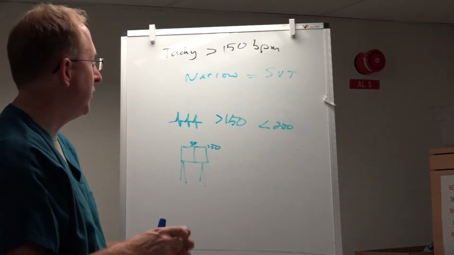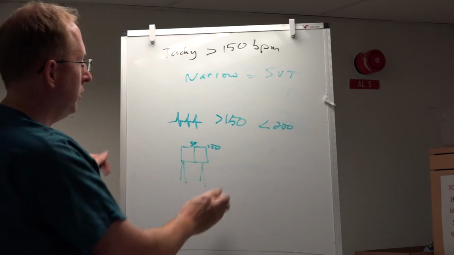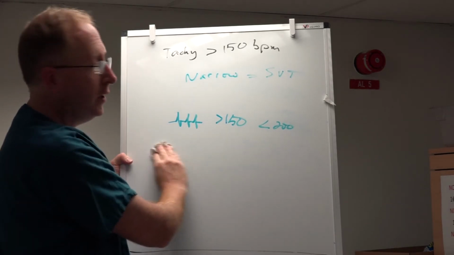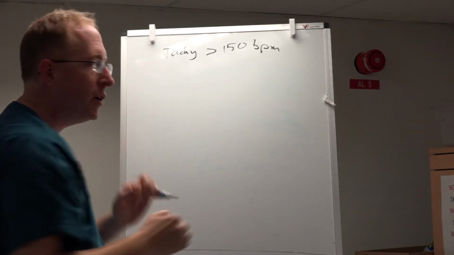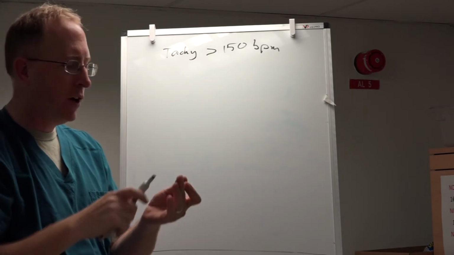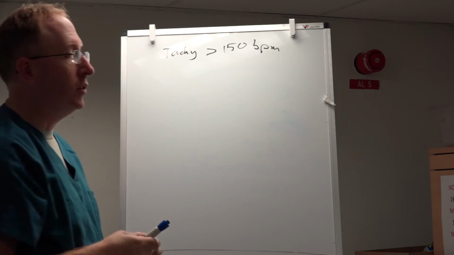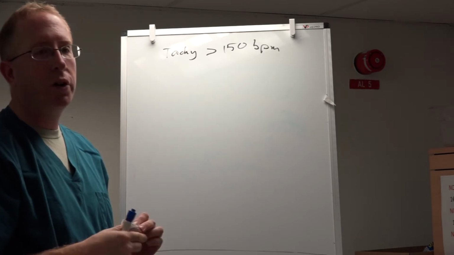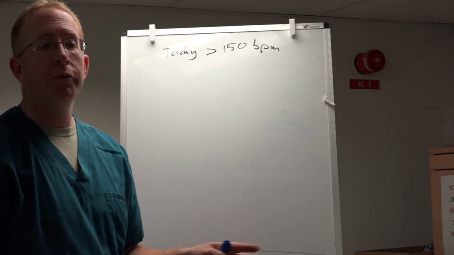But it'll be pretty obvious to you that it's a narrow complex tachyarrhythmia with a rate of about 180, which is the usual thing. So when you have a narrow complex supraventricular tachycardia at a rate of about 180, and you look at your algorithms, we talked about that previously, you have to decide: are they stable or unstable?